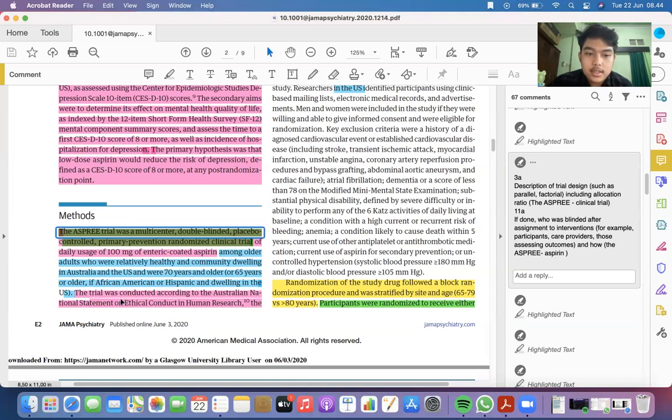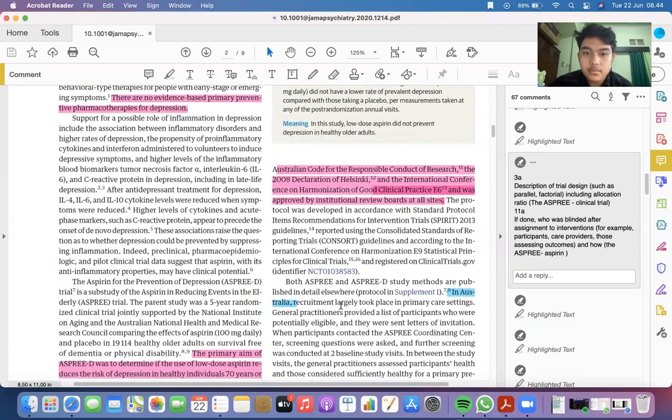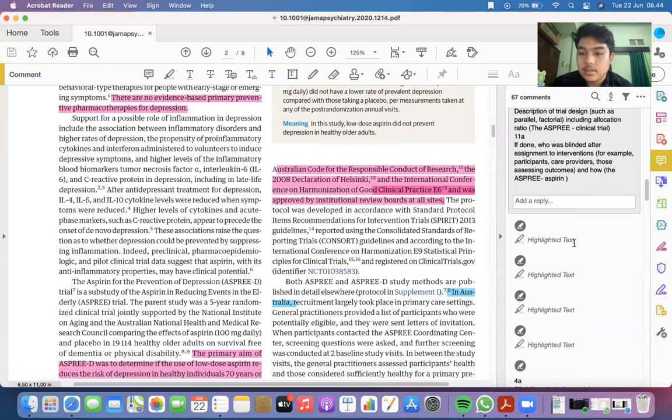The trial was conducted according to the Australian National Statement on Ethical Conduct in Human Research, the Australian Code for the Responsible Conduct of Research, the 2008 Declaration of Helsinki, and the International Conference on Harmonization of Good Clinical Practice E6, and was approved by institutional review boards at all sites.